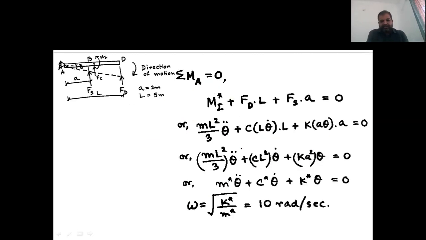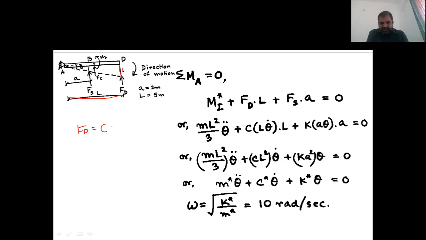Now, if you see the other forces, which are FD and FS. FD you can calculate, as per definition, as C into the single derivative of displacement of the damper. Here the damper is being placed here. So the total displacement will be L into theta.